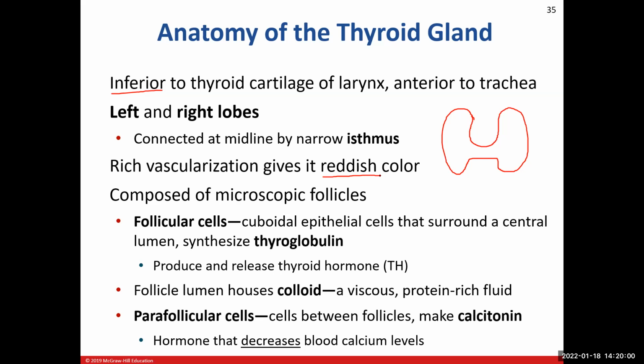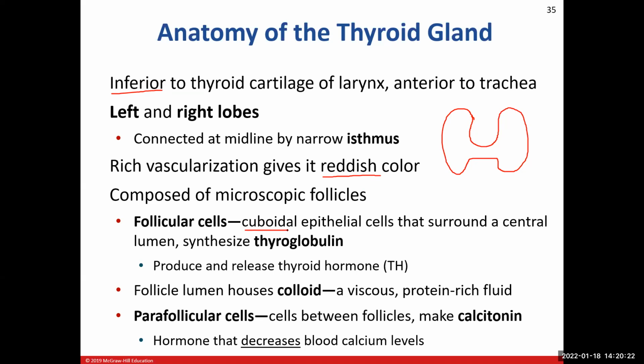All right, so when we take a closer look at the thyroid gland, we'll look at the different cells and the grouping of these cells, these follicles that we'll see. We call the cells in these follicles follicular cells, and they're cuboidal cells. If you recall, some of the functions of cuboidal cells was secretion, and that's what we're going to see here.